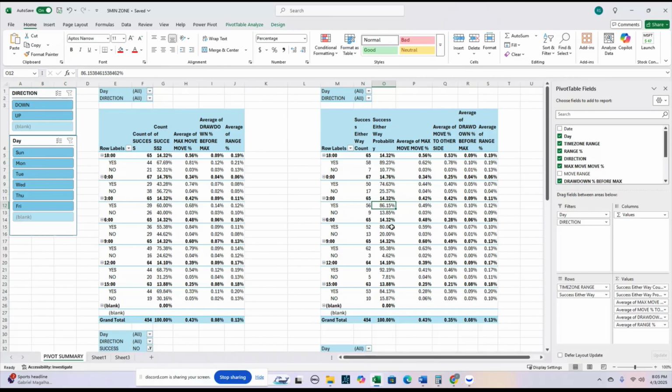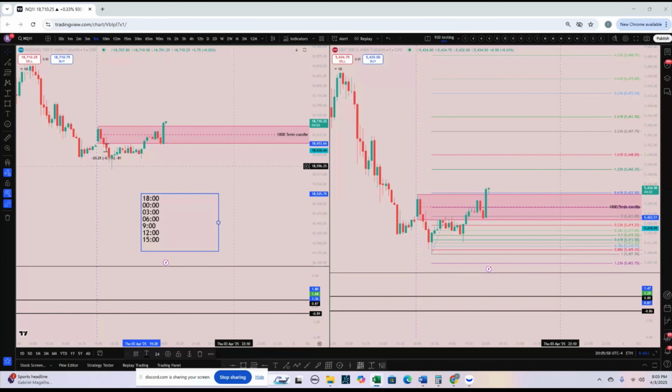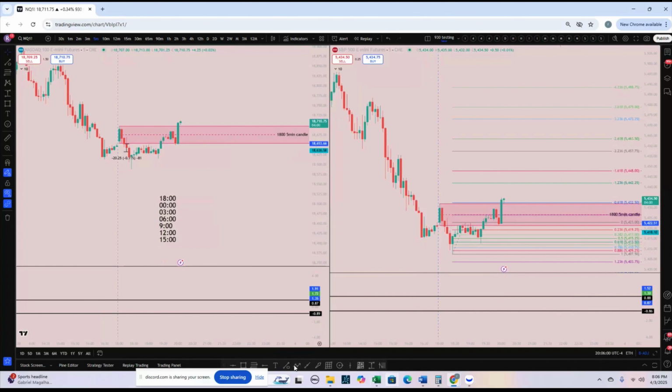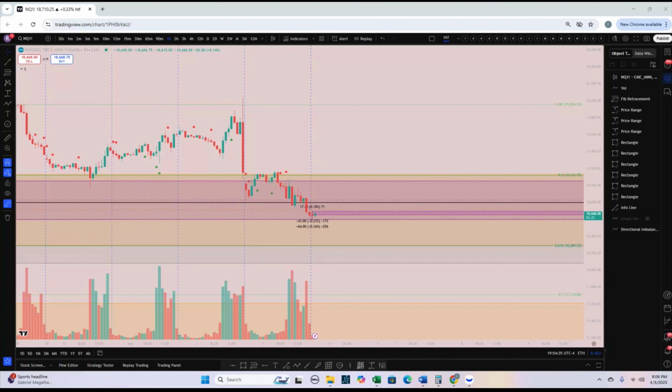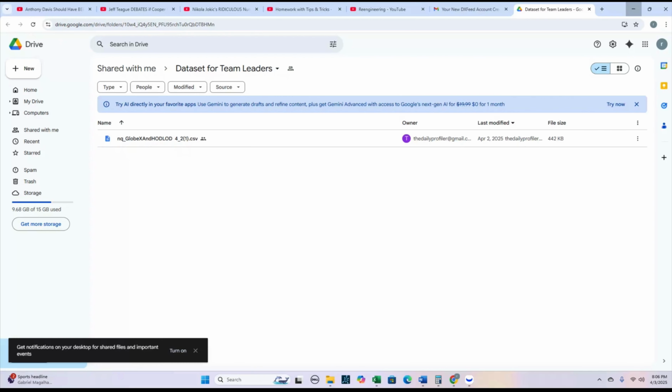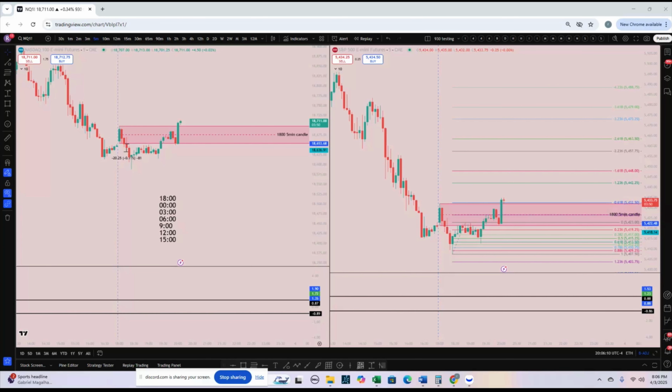So then you have things like 9 o'clock, which has a 95% chance. 12 o'clock has a 92% chance. To give you an idea of what I'm looking at, let me see if I've got it open. Where is it at?